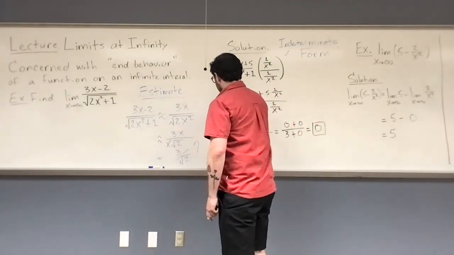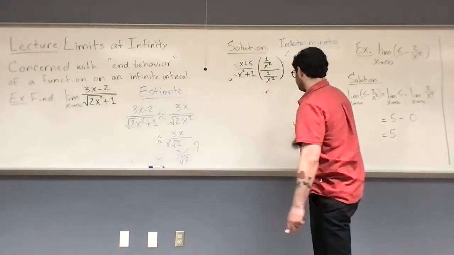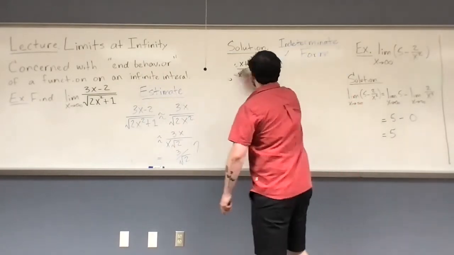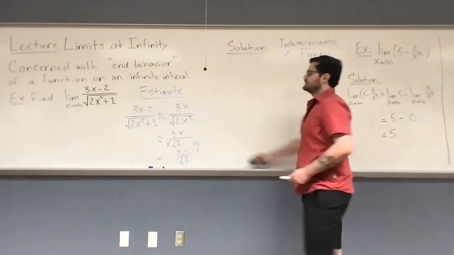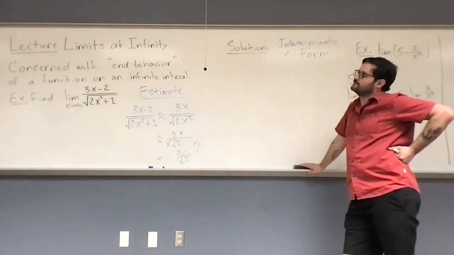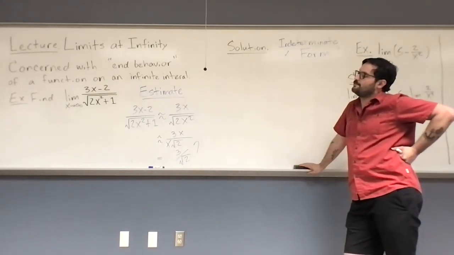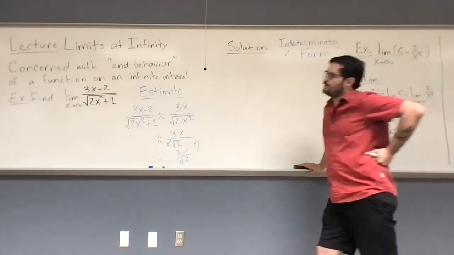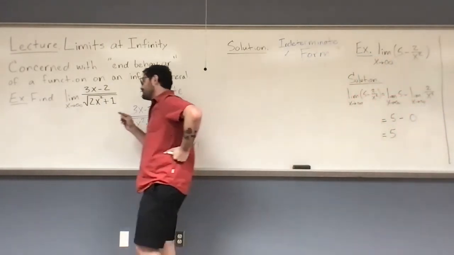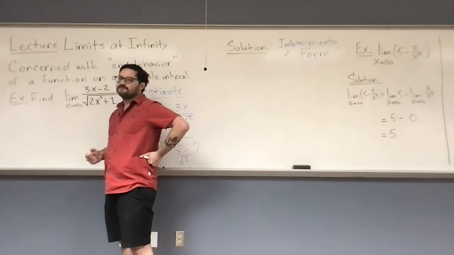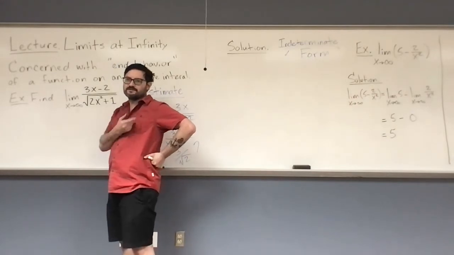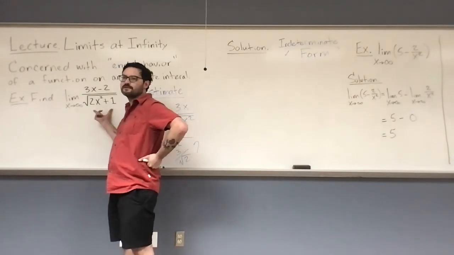Okay, so let's look at the actual solution. This one's going to be rough. What do I want to do? The reason why it's annoying to do the same technique we were doing is because there's a square root right here.